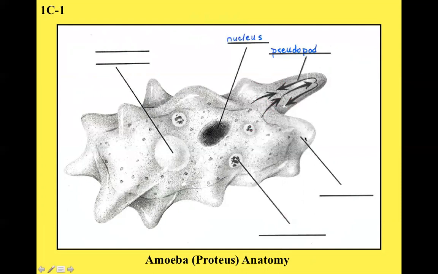But the important thing is that this is a single-celled organism called an amoeba, and it is alive. It's called a unicellular organism. It's something called a protist, part of the group that we classify as protists.